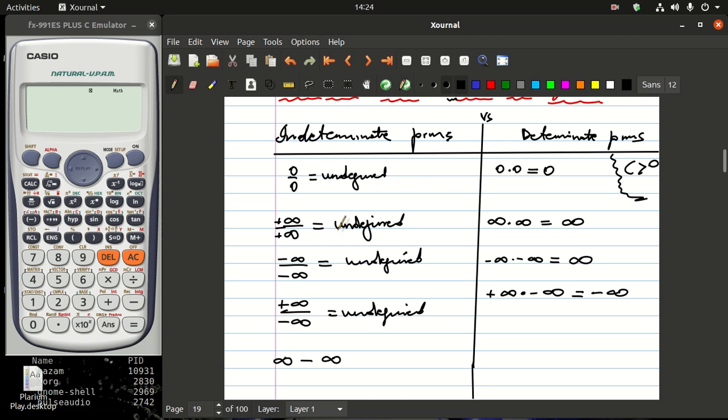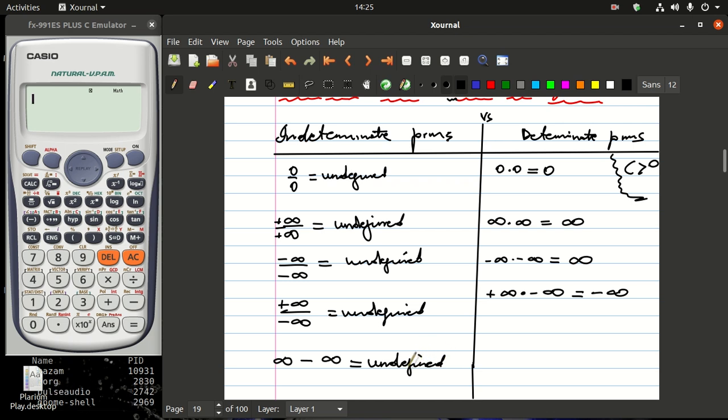That is why we don't know what will be the answer, or it is not defined yet. This is the same scenario here, because if I were to multiply one infinity by 10 and the other infinity by 100, I don't know which of these infinities is bigger. That is why we usually say that this one is also undefined, right?